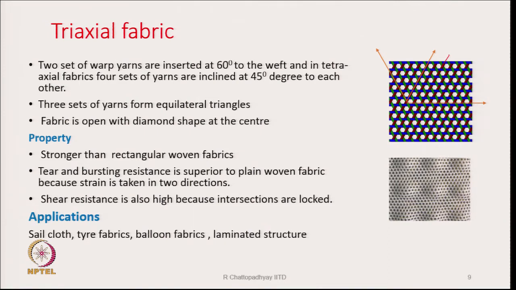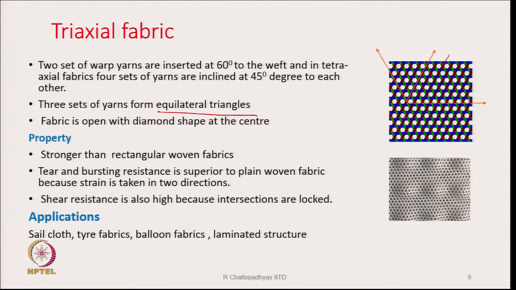Two sets of warp yarns are inserted at 60 degrees to the weft, and in some triaxial fabrics 4 sets of yarns are inclined at 45 degrees to each other. That is also there. So, these 3 sets of yarns form equilateral triangles, and the fabric is open with a diamond shape at the center.